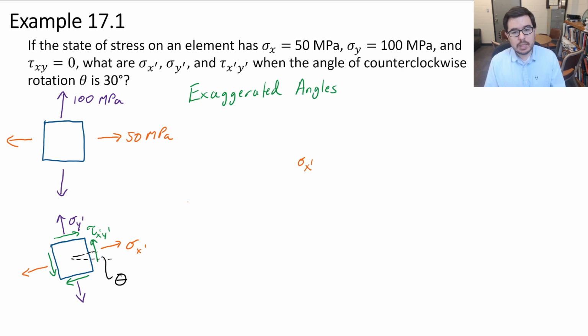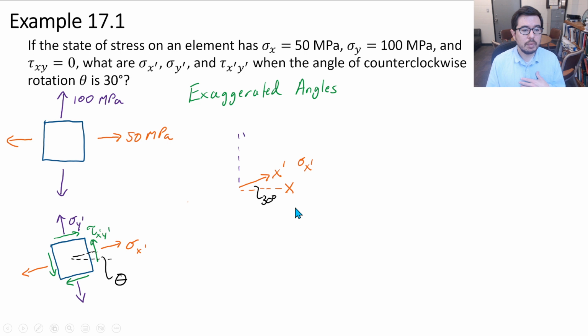Like I said previously, it's often very useful to exaggerate the angles that are involved. So 30 degrees is nice because it's going to lead to kind of this pair of 30 degrees and 90 degrees. That's kind of easy to keep track of.